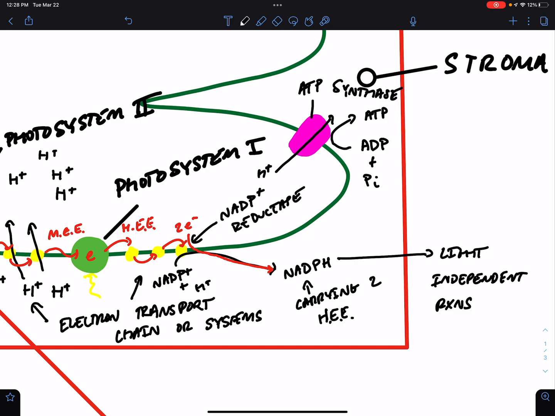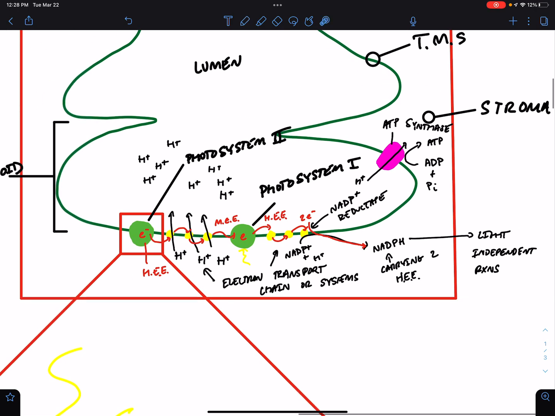So, this is powered by the hydrogen concentration gradient that is formed by using the energy from this high energy electron.